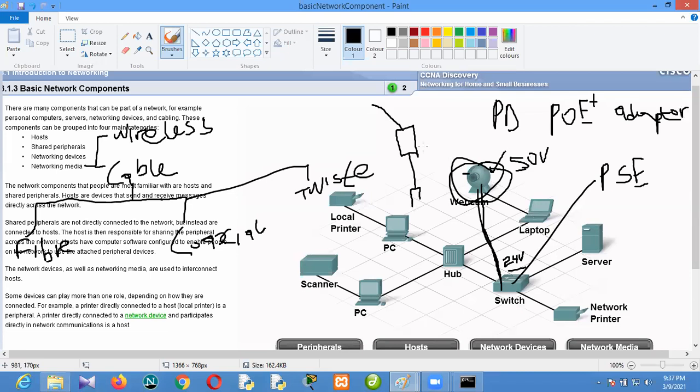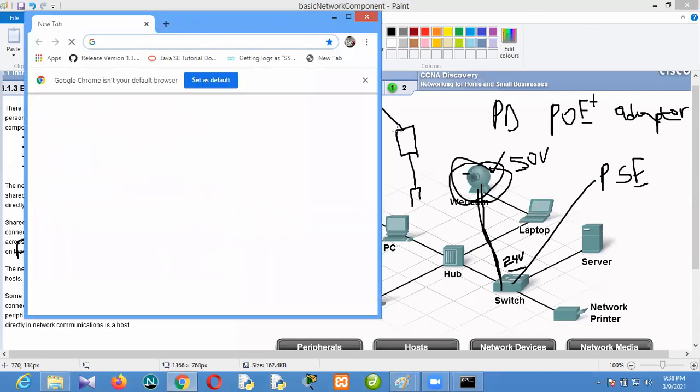I'm now explaining to you how the adapter looks. Maybe I can just check that on the internet and show you.